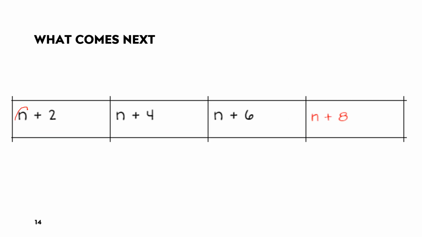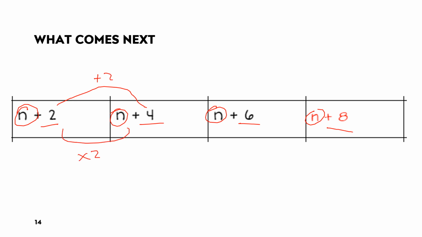Well, what I noticed on the previous slide is each of these had just an n, and then they all had a constant. And I noticed the constant was the first time I added 2, and then I also multiplied by 2. Well, 2 plus 2 is 4. 2 times 2 is 4. And then to get from 4 to 6, I did plus 2. Well, that checked out.